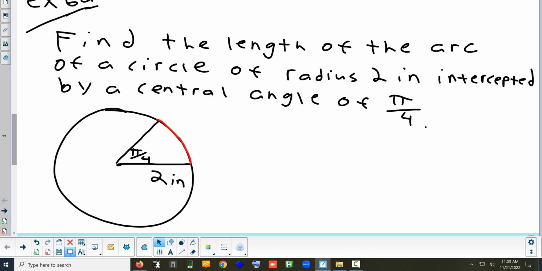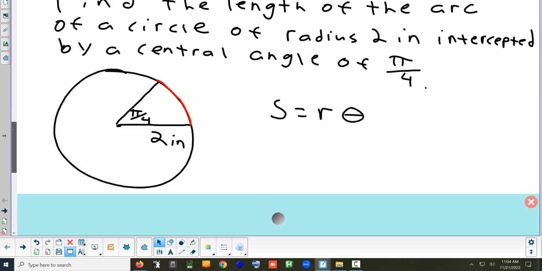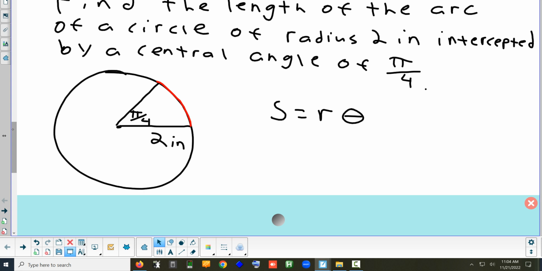So, Layla, what's my formula for finding the length of the arc? S equals R theta. And Caleb, can you tell me one piece of information that they give me and where it would go? Radius, radius is 2.